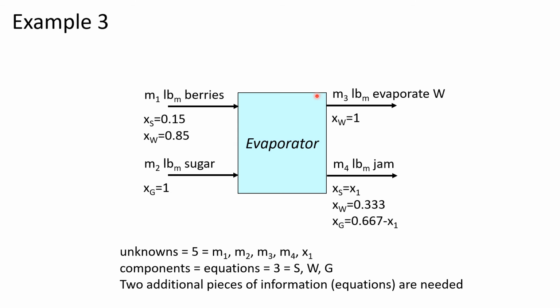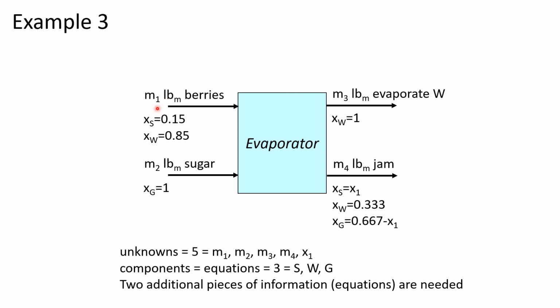Now we drew this process as part of the previous homework assignment, and we labeled each of the streams as you see here. I'm just going to go around this evaporator, this process, and make sure that we are familiar with the symbols, and just to review the results that we got from the previous time. So the amount of berries that we're feeding to this evaporator is represented by the variable m sub 1.